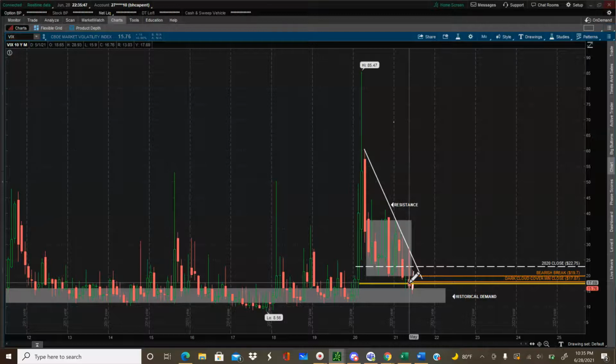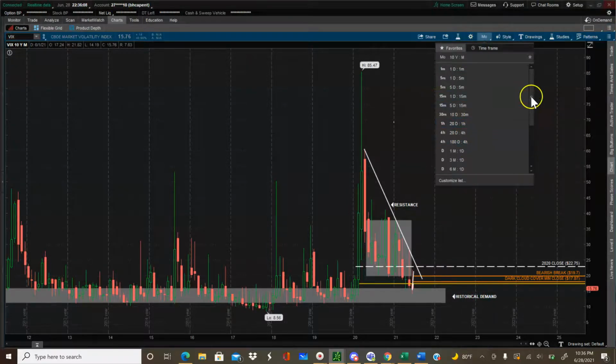Not gonna say what VIX will and will not do, just looking at what's here now. For now, it's pretty much wedged between two key levels. But I'm just gonna go ahead and move on to the weekly chart and see how that's looking.